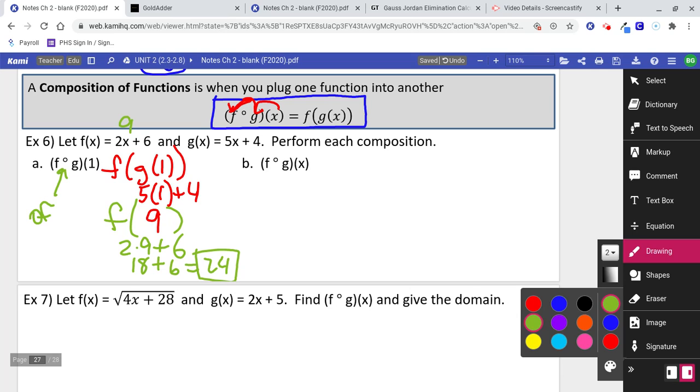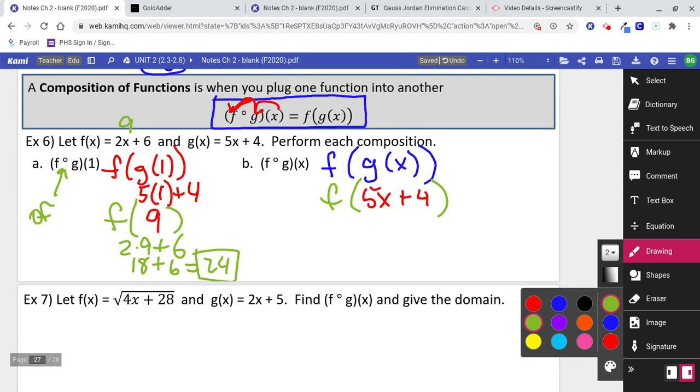Next one, f of g of x. So work backwards. The x goes into the g function. Well, that's easy because if you plug x into the g function, you just get 5x plus 4. That's it. So you're going to take that result, 5x plus 4, and plug it into the f function. This is where it gets a little bit confusing, I suppose.